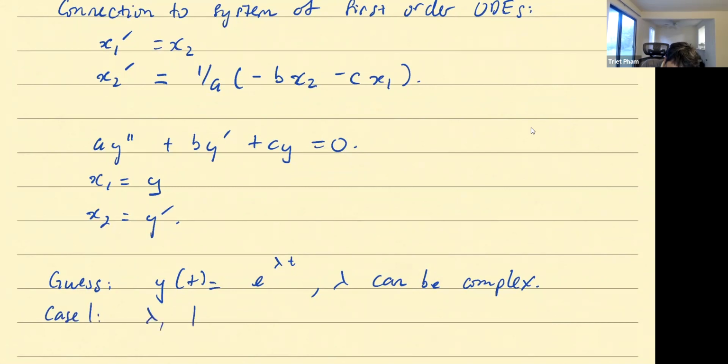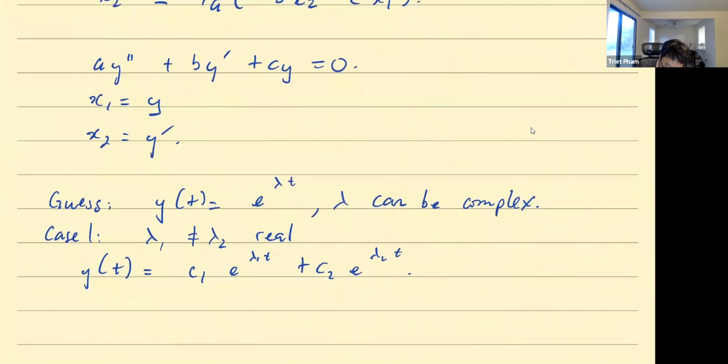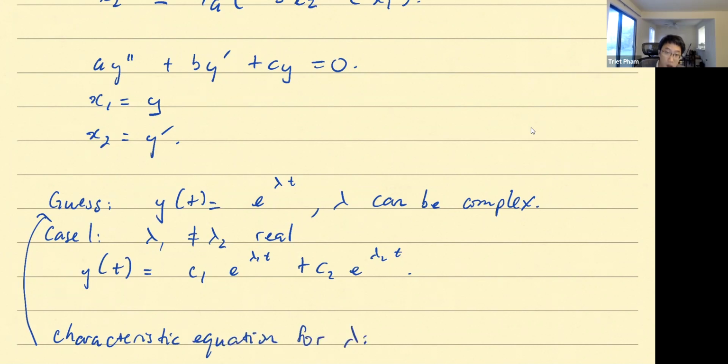Lambda 1 is not equal to lambda 2, and they're both real. Then the solution is y of t equals c1 e to the lambda 1 t plus c2 e to the lambda 2 t. Let me move back a little bit. With this guess, we achieve something called a characteristic equation for lambda.